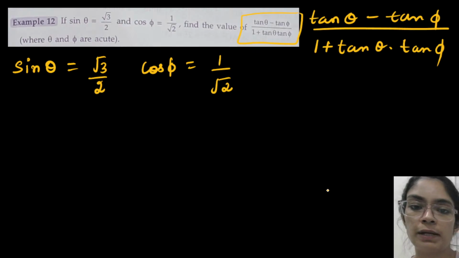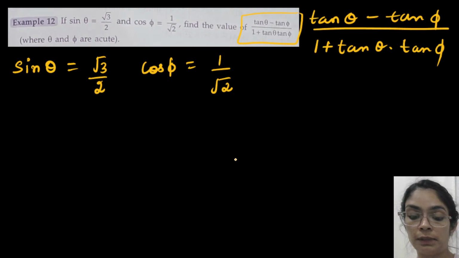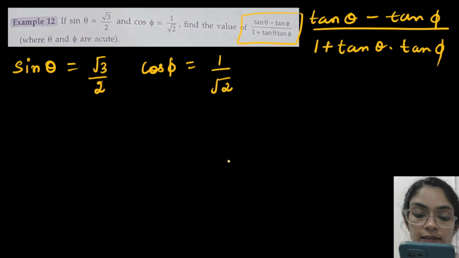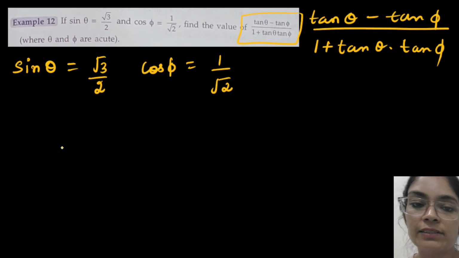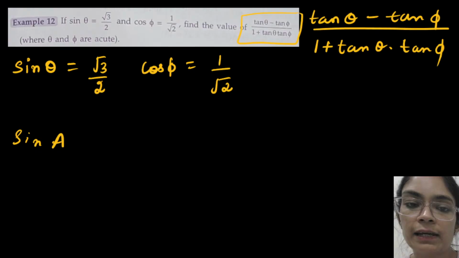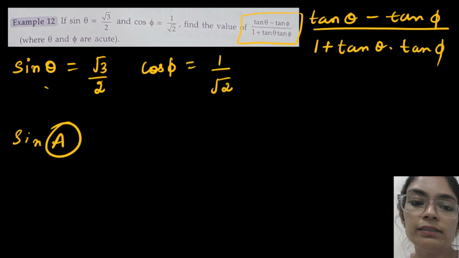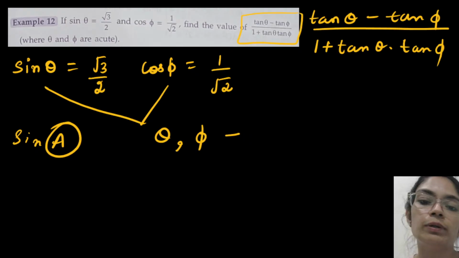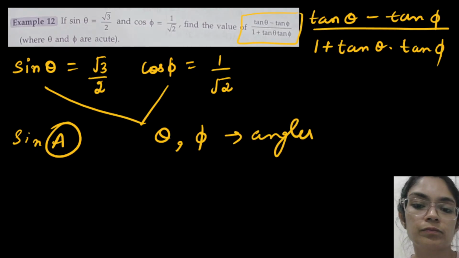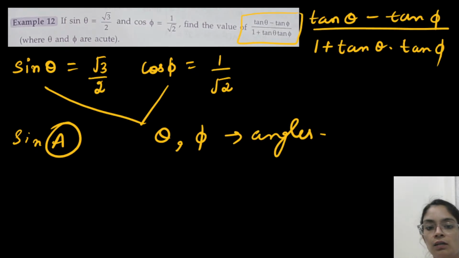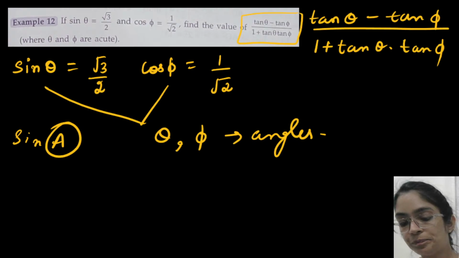So theta and phi are just the representation of angles, like we write sine A. These are just Greek letters.